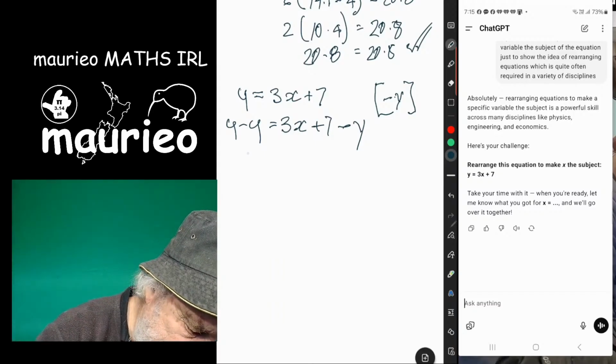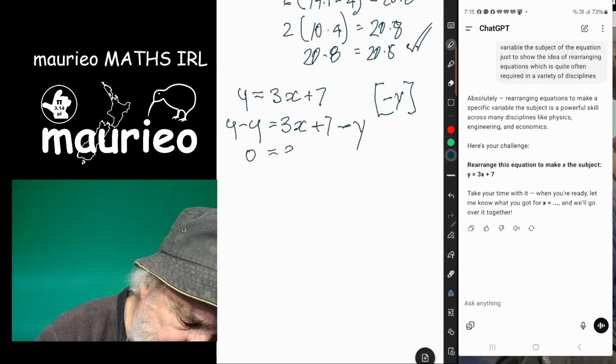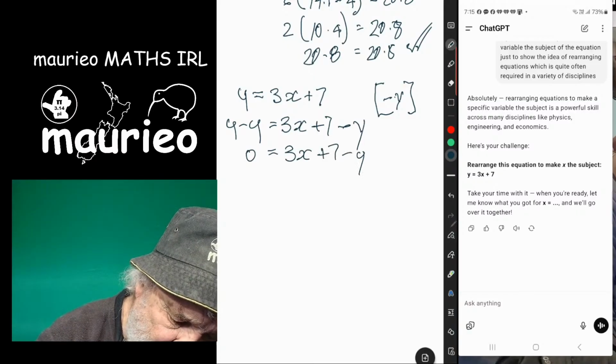And so then we get 0 equals 3x plus 7 minus y.